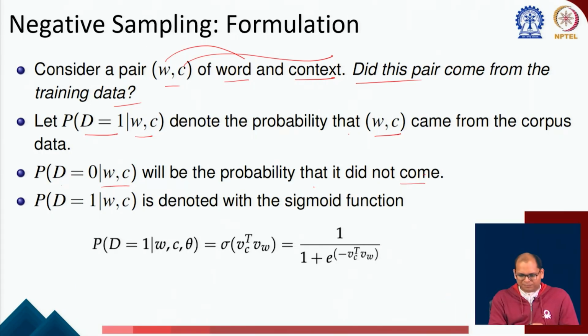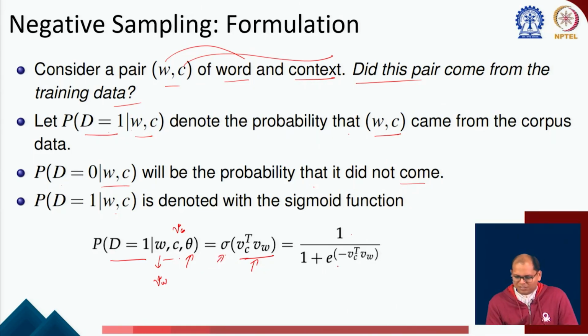It's a negative sample. We model this probability of D equals 1 given W, C using a sigmoid function. With the parameters that I am learning, C has a vector V_C and W has a vector V_W, so it's sigmoid over V_C transpose V_W. This formulation is very similar to taking the dot product of vectors, similar to what we saw earlier, but now I am modeling this entire phenomenon using a sigmoid.